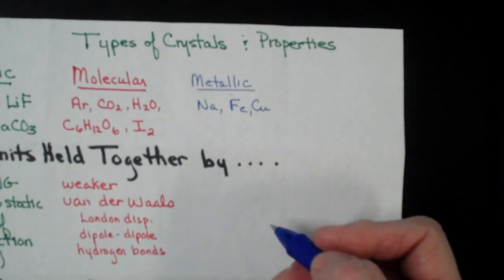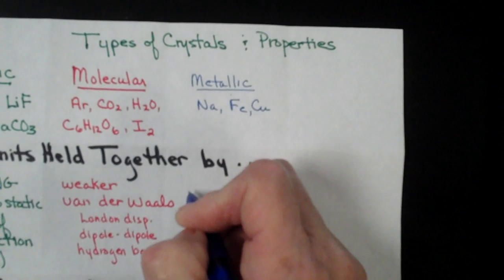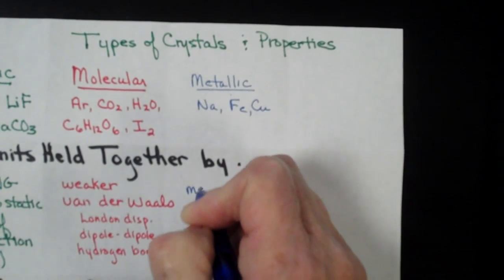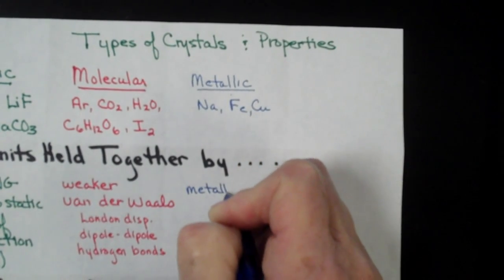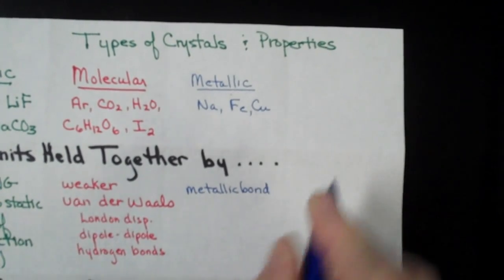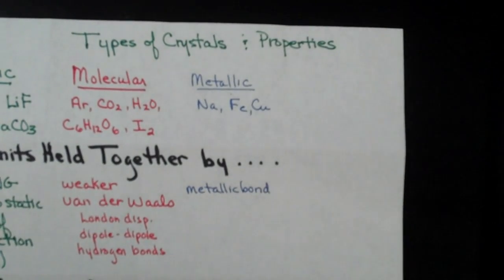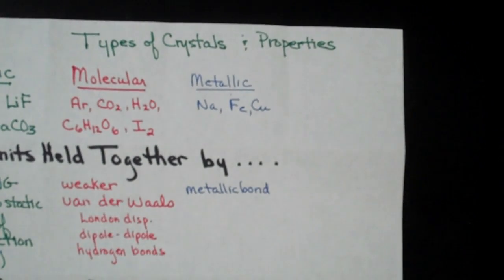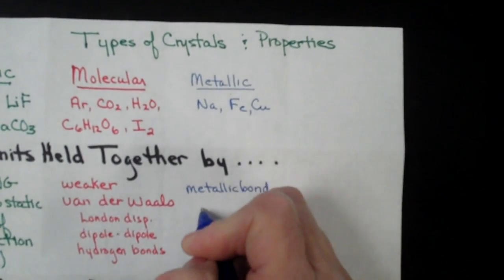Well, these metallic crystals are held together by what's often called a metallic bond. A metallic bond. And if we have a metallic bond, these are non-directional covalent bonds that involve electrons that are delocalized throughout the entire crystal. Delocalized electrons.